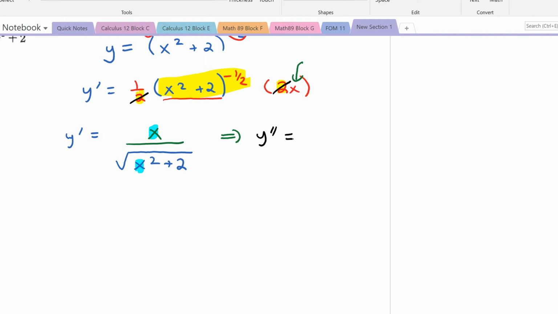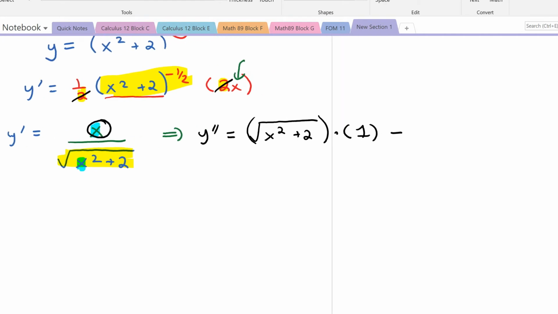We will go ahead and just take the second derivative as is, and we will use the quotient rule to get started. The quotient rule states that you write the denominator as is, and then you times that with the derivative of the numerator, which here is just 1, minus the numerator, which is x, times the derivative of the denominator.